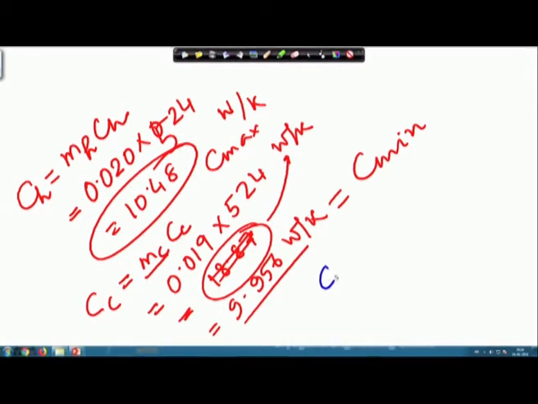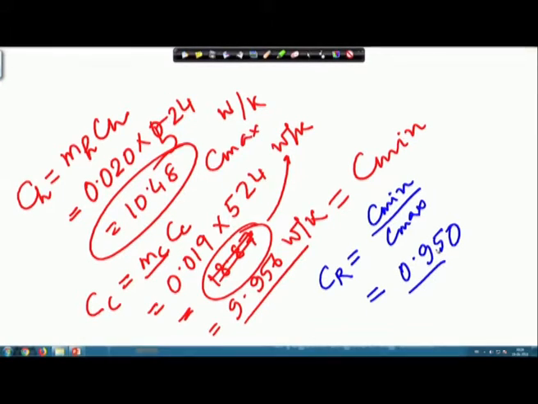Then we would be able to calculate the CR, which is C min by C max, and that is nothing but 0.950. So, we have an idea about CR, and CR is not equal to 1.